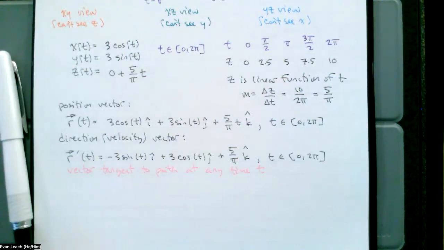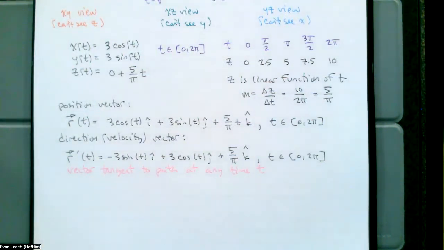So here's the vector tangent to the path at any time t. Any questions?